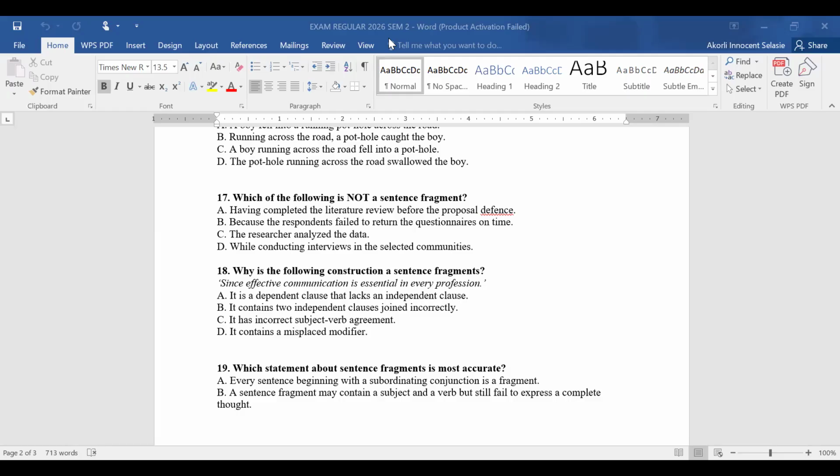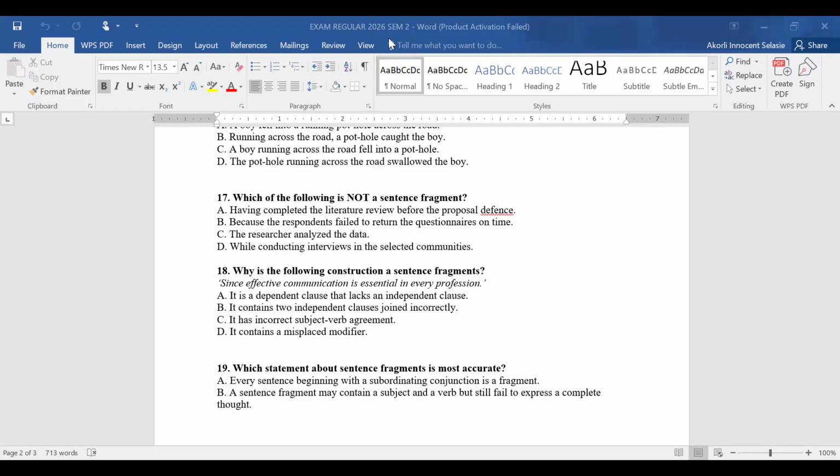18. Why is the following construction a sentence fragment? Since effective communication is essential in every profession. A. It is a dependent clause that lacks an independent clause. B. It contains two independent clauses joined incorrectly.